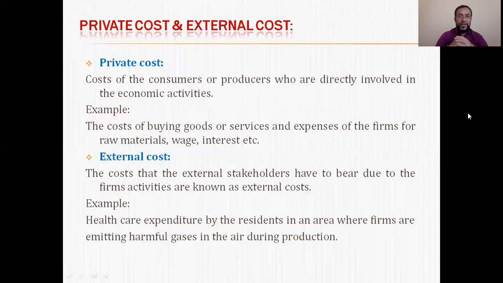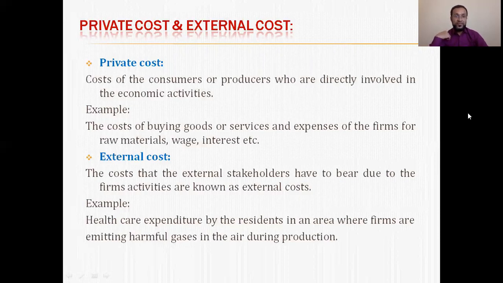Now let me explain private cost and external cost. So private costs are the costs of the consumers or the producers who are directly involved in the economic activity. That means the cost of the producer and the consumer is simply the private cost. Example, the cost of buying goods or services by the consumers is their private cost, and the expenses of the firms for buying raw materials or paying wages or interest, all these are private costs of the producer.